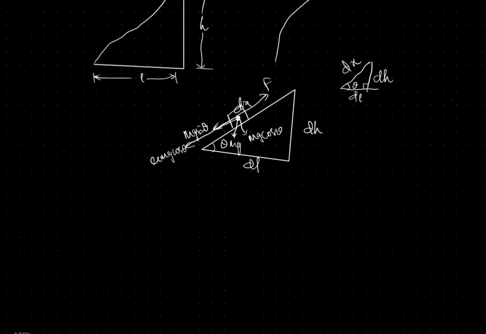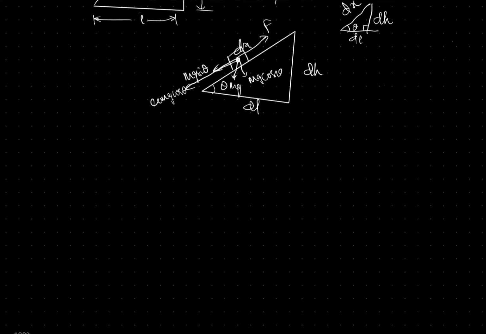So there will be some change in kinetic energy while taking it up through the distance dx. We can apply the work energy theorem, or simply say the negative work done is equal to the change in potential energy. Let's just use the work energy theorem.